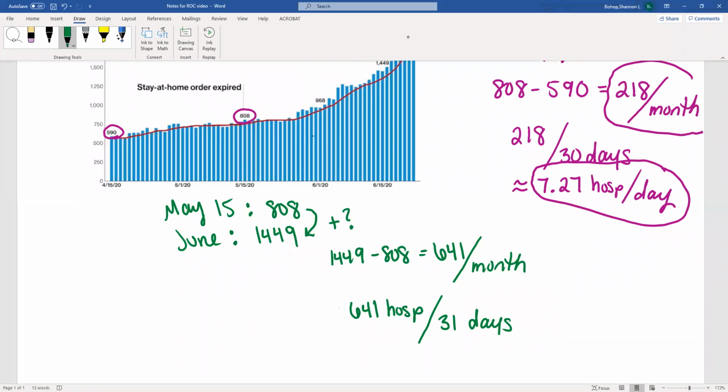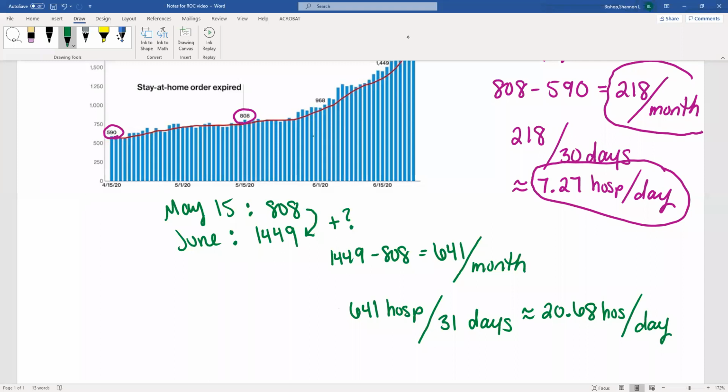And so if you wanted to see what that was on a day-by-day breakdown, let's see, 641 divided by 31 days is 20.68 if I round it on my calculator. So approximately 20.68 additional hospitalizations each day.